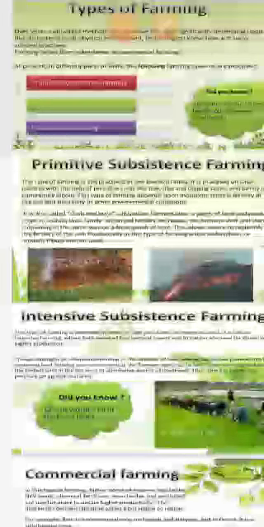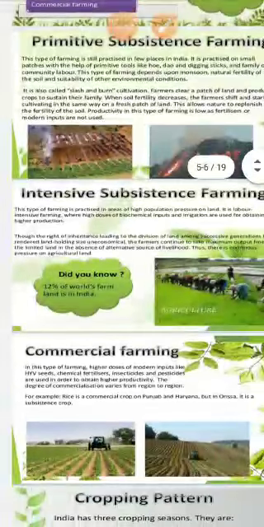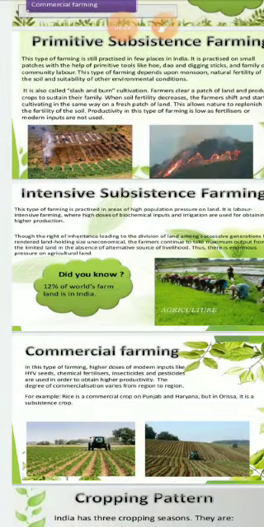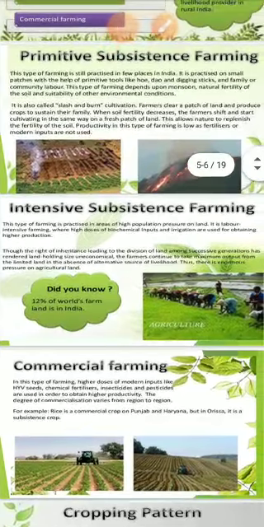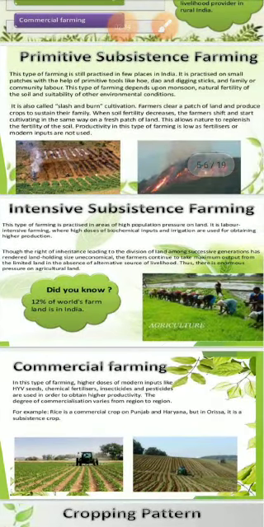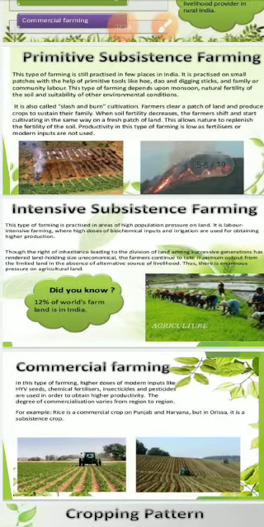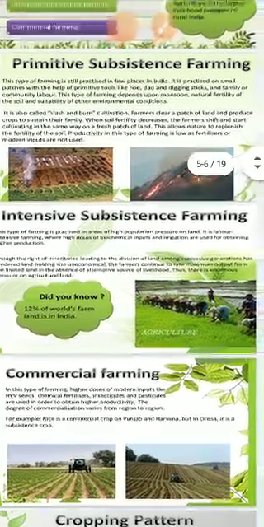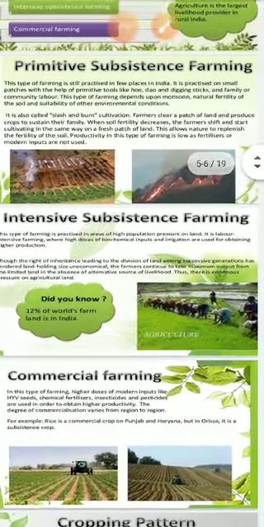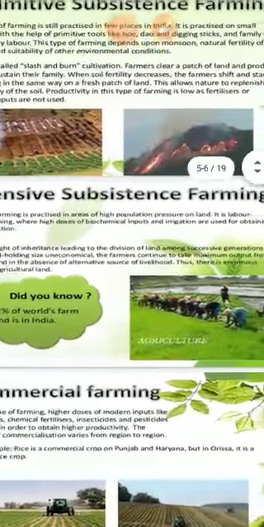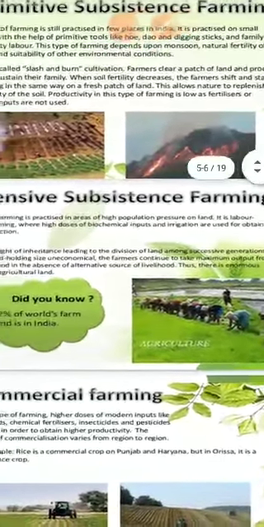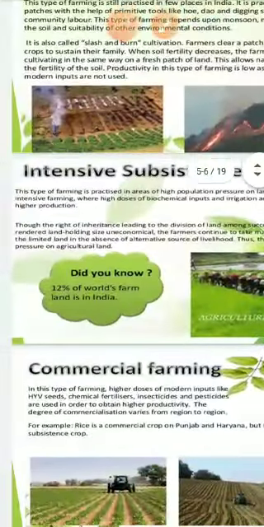The next one is intensive subsistence farming. This type of farming is practiced in areas of high population and population pressure on land. It is labor intensive farming where high doses of biochemical inputs and irrigation are used for obtaining higher production.